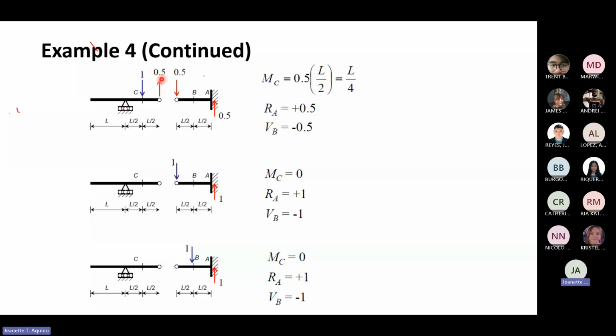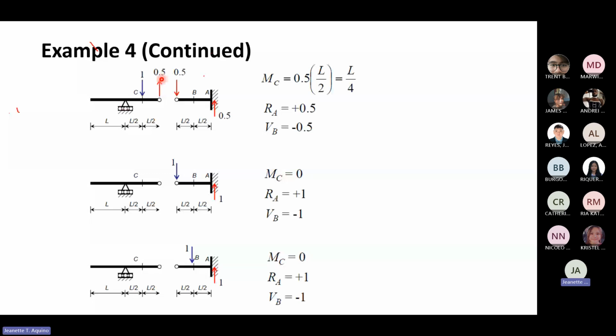Okay. Where are we now? So for the load at 0.5 here, moment at C equals 0.5.